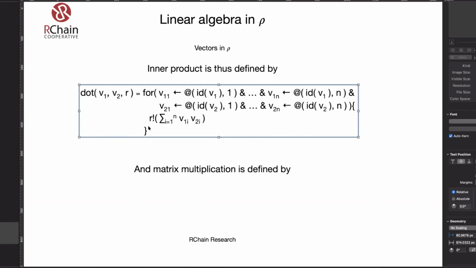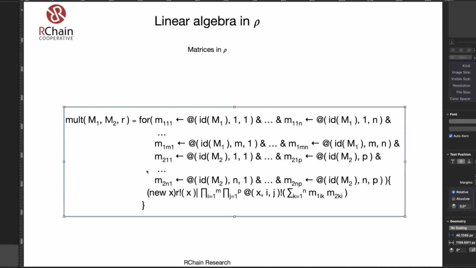Obviously you can generalize this to matrix multiplication. So again, we access, so if M1 is an M by N matrix, so M rows by N columns, and M2 is N rows by P columns, then these accesses will access the entries in each of the matrices, and this is the constructor which gives us the fresh matrix, right?